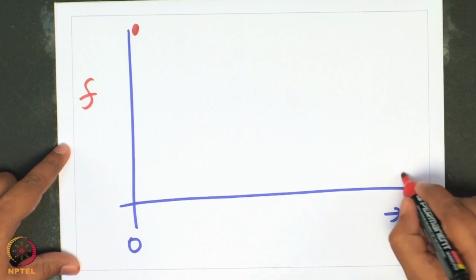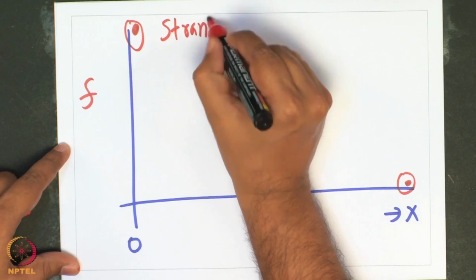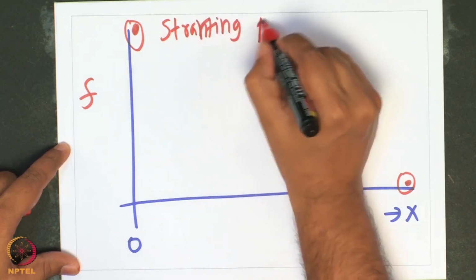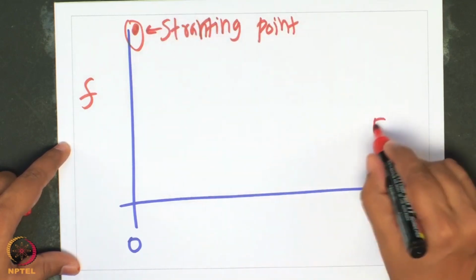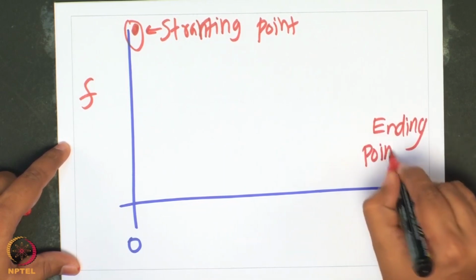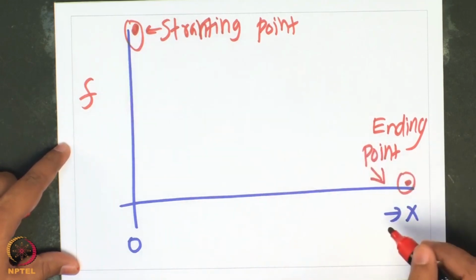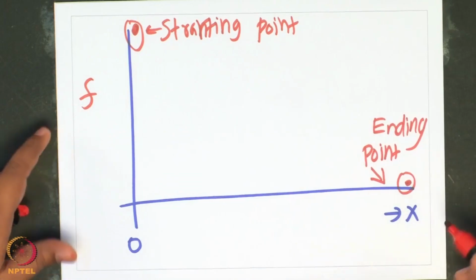If you know the starting point and ending point, there could be many curves which would satisfy this. I could draw a straight line, or I could draw many kinds of curves.